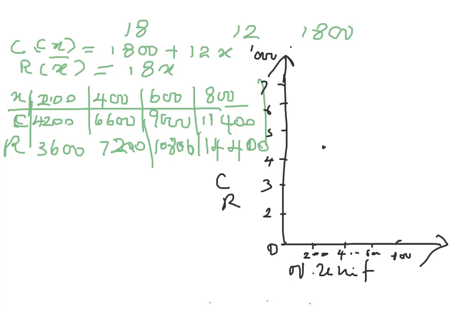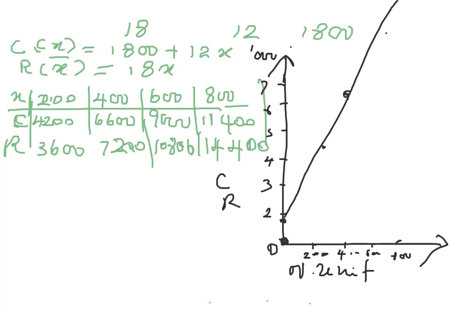So that means on the axis we can write here 1,800. Okay, and one more, when it is 400, it is 6, yes. And then at 600 it becomes 9, likewise. You can see it goes like this. Our revenue function starts at 0.